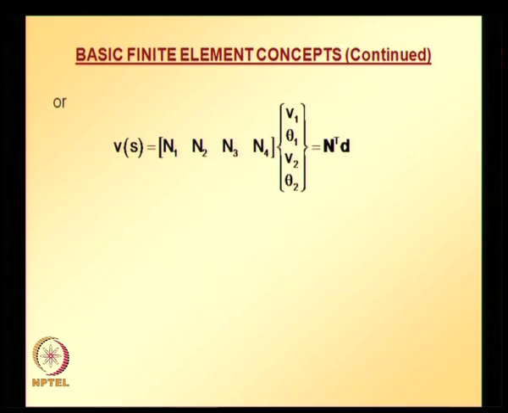Please note that the n vector is defined as n1, n2, n3, n4, whereas earlier for the bar element it was defined as n1, n2. So at each stage you should be checking what the shape function vector corresponds to, to avoid confusion. The displacement vector d consists of transverse displacement and rotation components at node 1 and node 2, that is v1, theta 1, v2, theta 2.